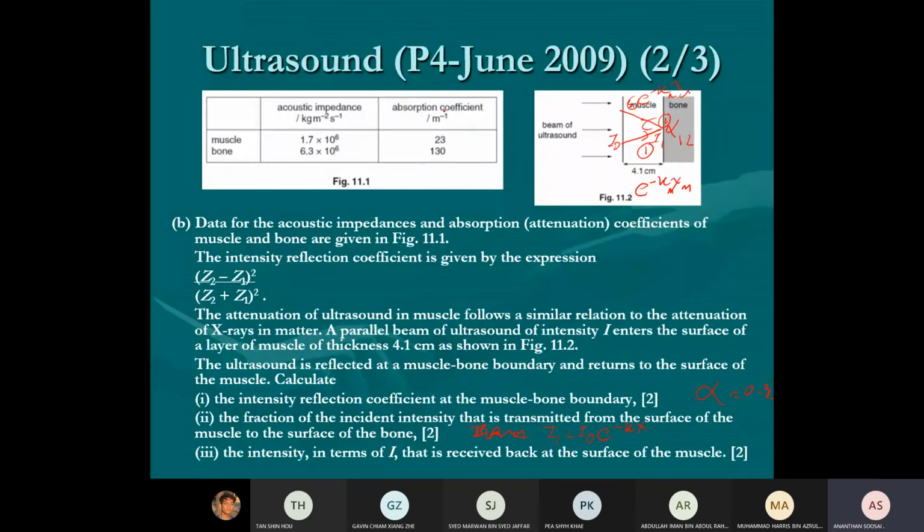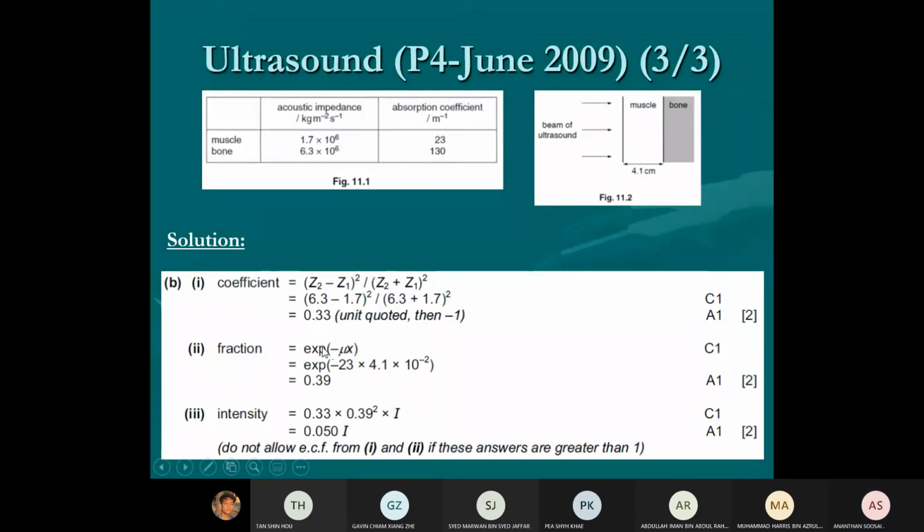You see, absorption is given per meter, x is given in centimeters. So change the thickness to meters. So that's the second answer: the fraction e to the negative mu x, negative 23 times the thickness of the muscle, the value is 0.39.